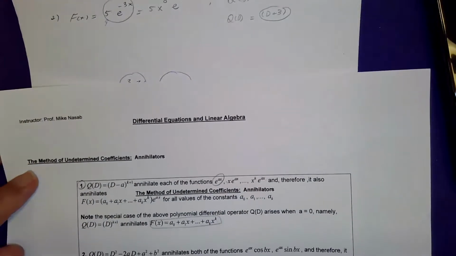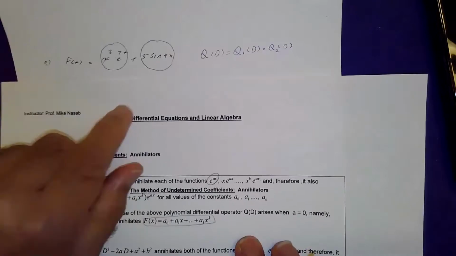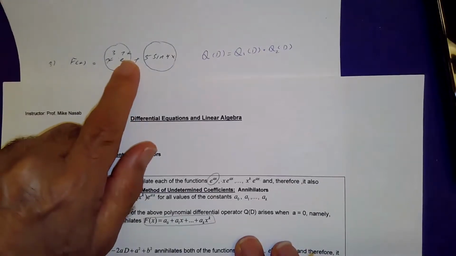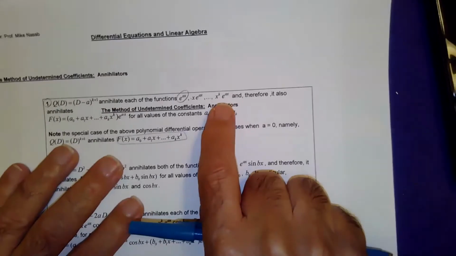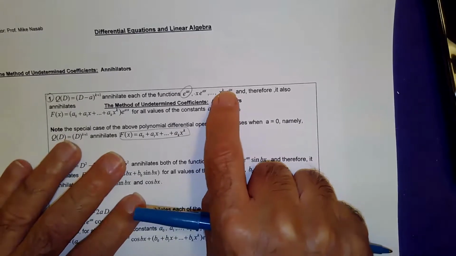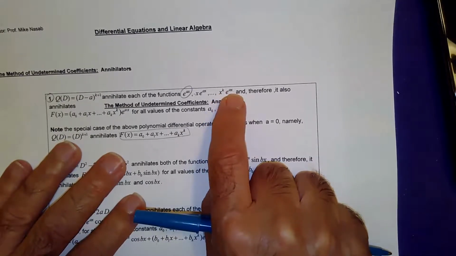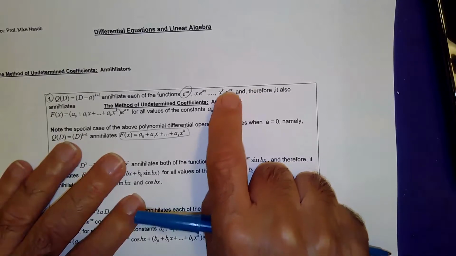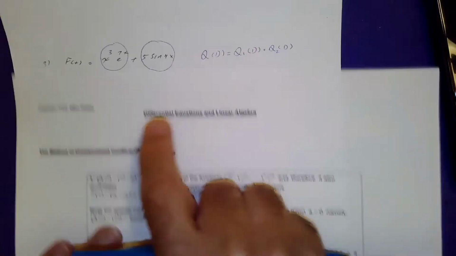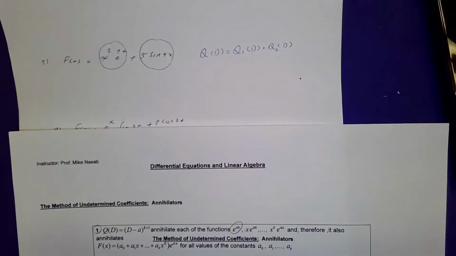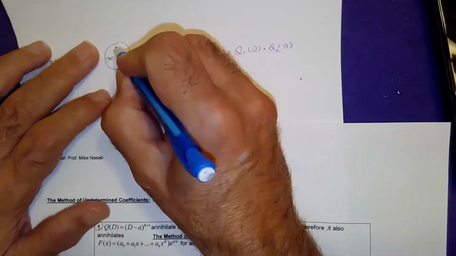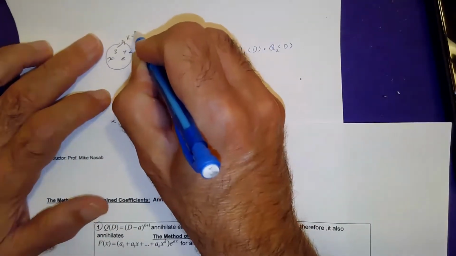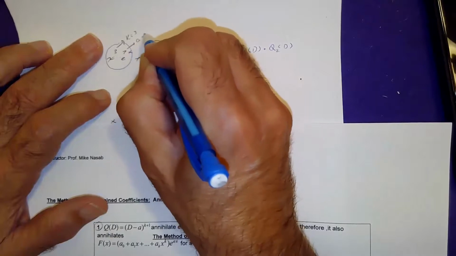The first one is x cubed e to the power of 7x. That falls into this category, x to the k e to the ax. Comparing this format to what I have, k is 3, a is 7.